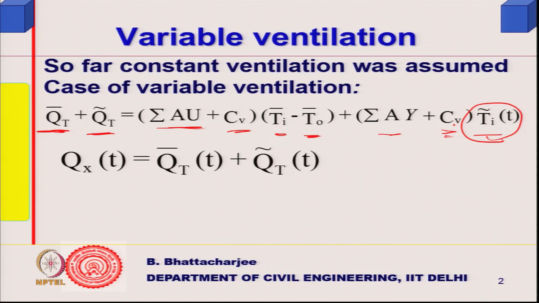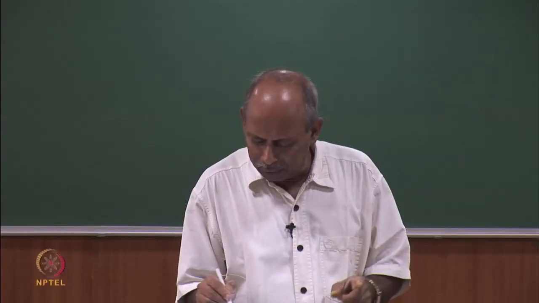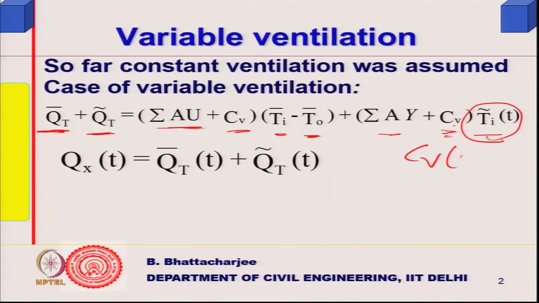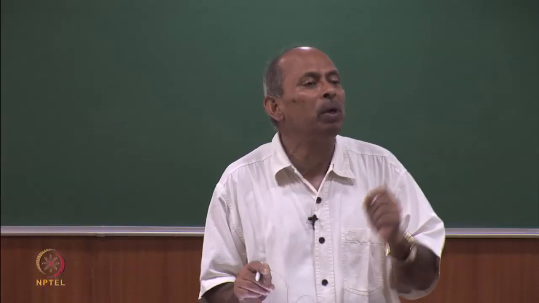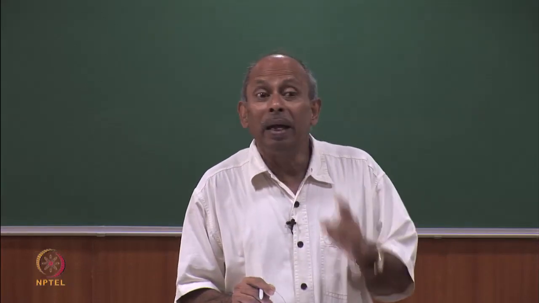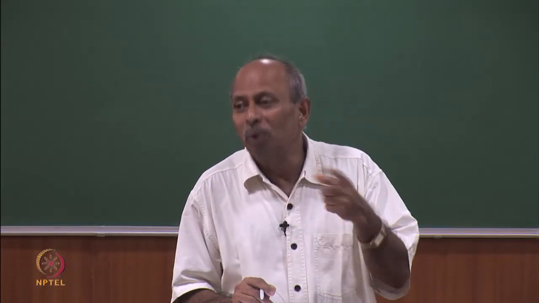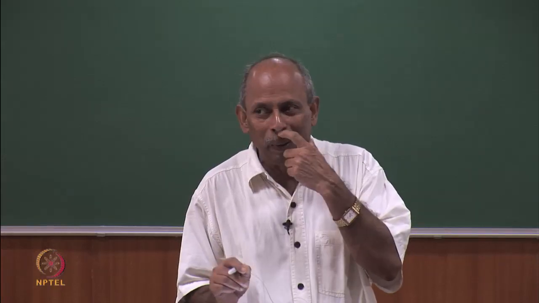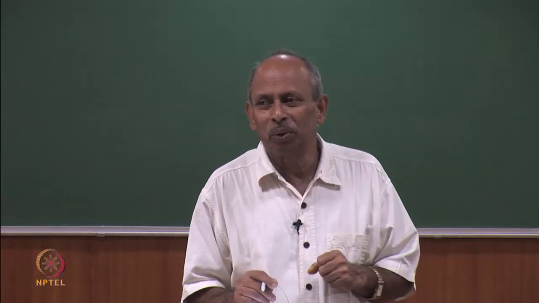But supposing CV is also a function of time, CV t, then for each time you will get one equation. So, this becomes CV t multiplied by Ti t. For each time I get one equation, I will get 24 equations, and I have to solve those 24 equations to find out the swing.